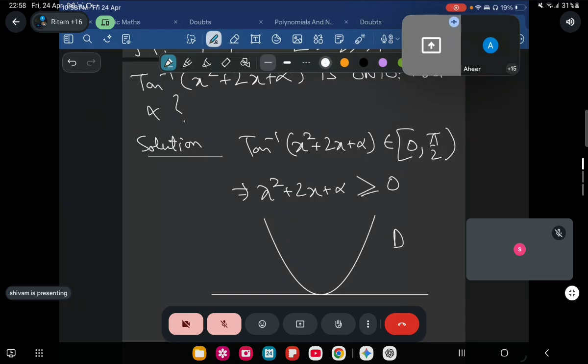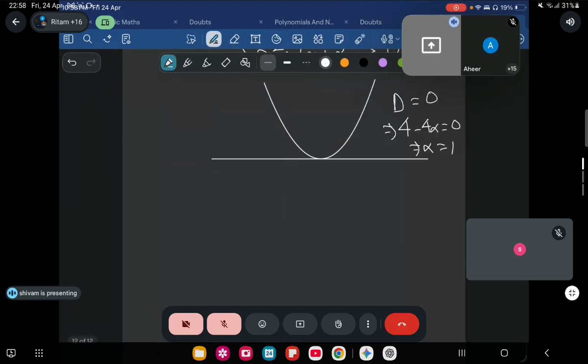Discriminant should be less than or equal to 0, right? If you put discriminant equal to 0, this implies 4 minus 4 alpha equal to 0. So alpha equal to 1. Right. Soham, is it clear? Abhipsha, is it clear? Abhipsha, you have given the correct answer. Okay. Next, properties of inverse.